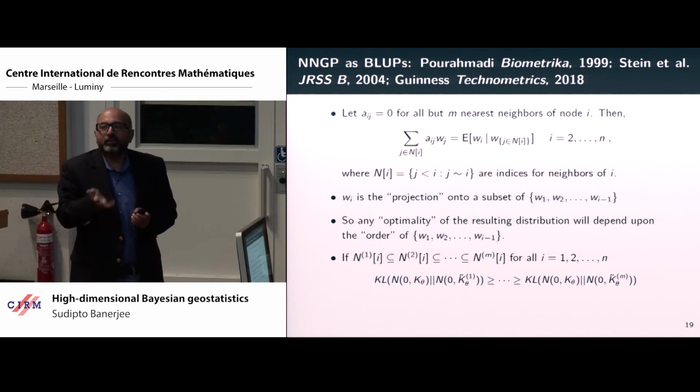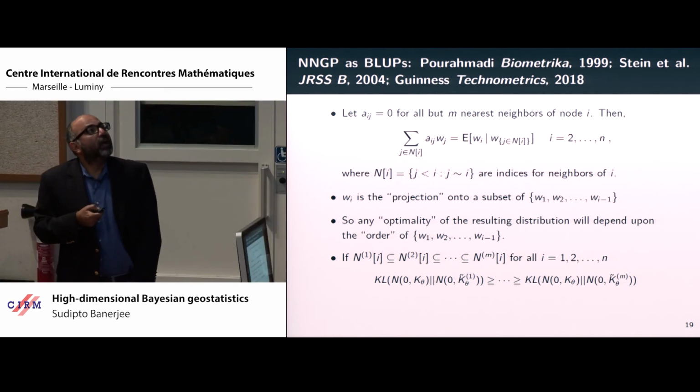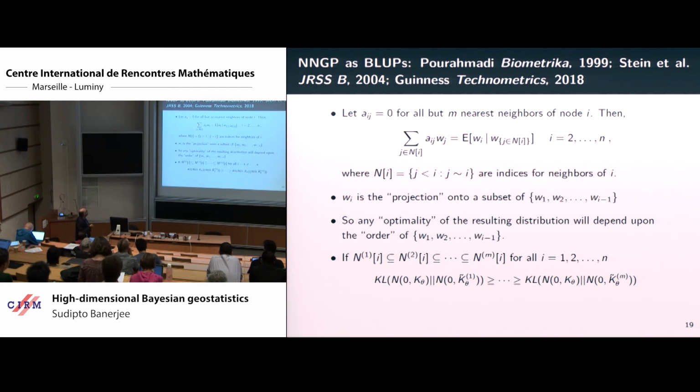And basically, I look upon them as nothing more than conditional expectations, okay? So basically, you have Wi in the ith row of that linear equation. Take the conditional expectation of that. What does it do? It actually projects the Wi onto a subset of these random variables here, right? W1 through Wi minus 1, depending upon who its neighbors are.